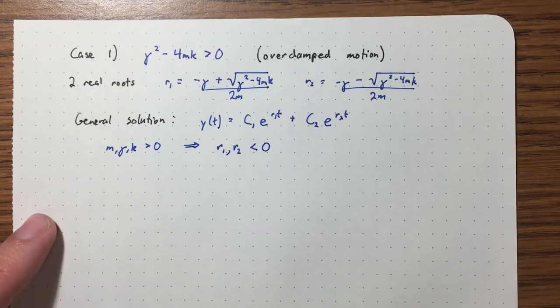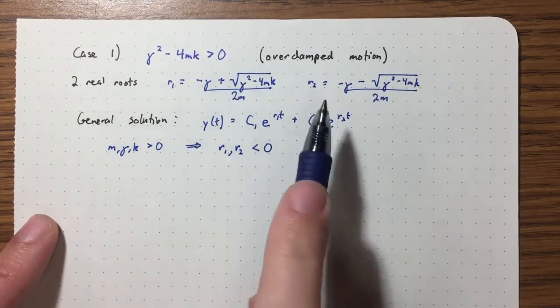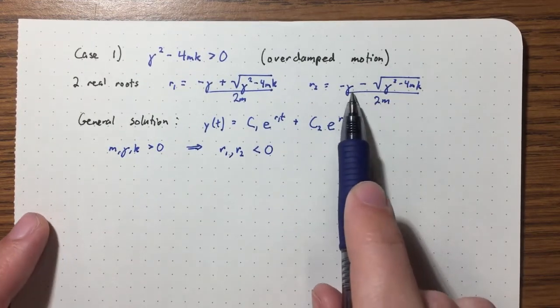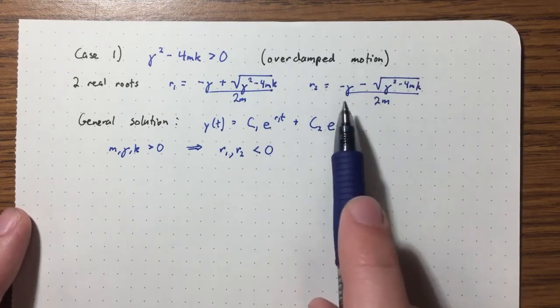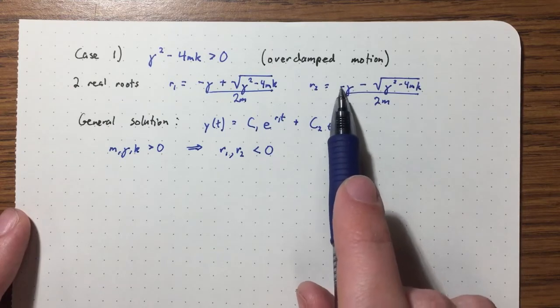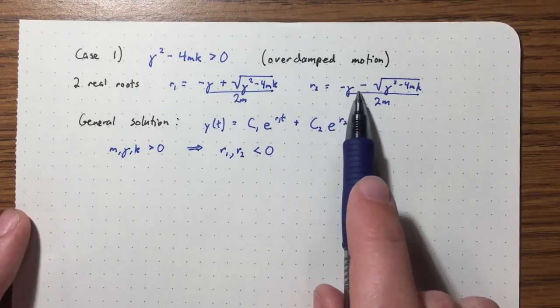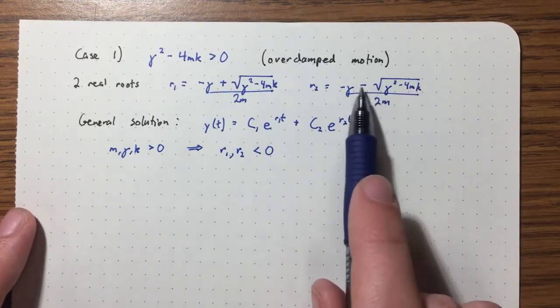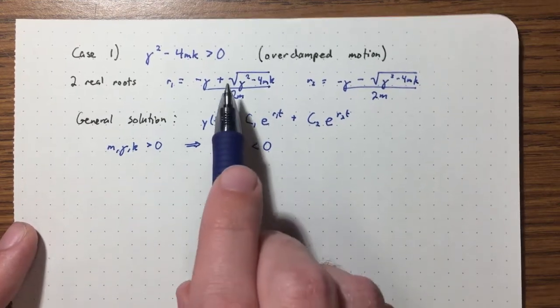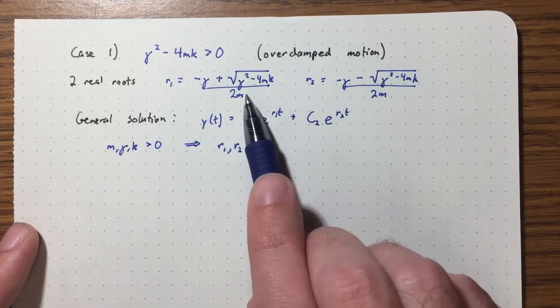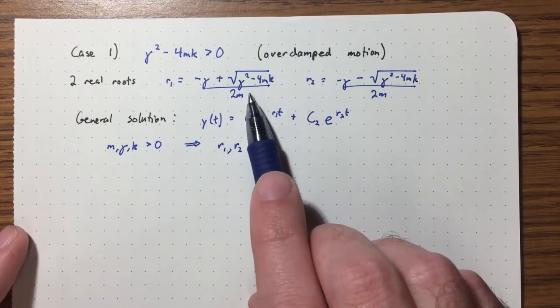Can we see that? Let's look at these formulas. If you look at r2, I think it's pretty obvious that this is going to be a negative number. Because remember, they're all positive, but then this becomes negative here. And I'm subtracting something positive, so I'm even more negative. And I'm dividing by a positive, that's going to be negative. It's maybe not so obvious that this one here has to be negative.